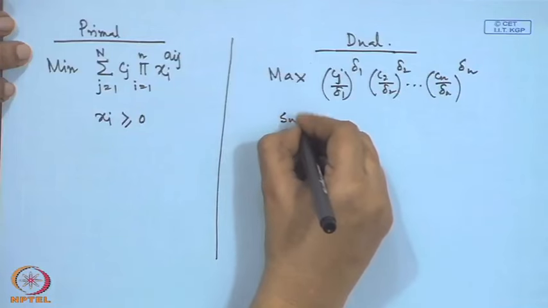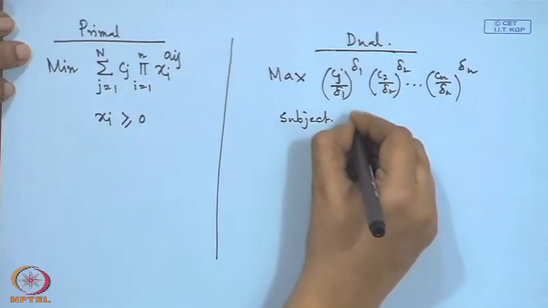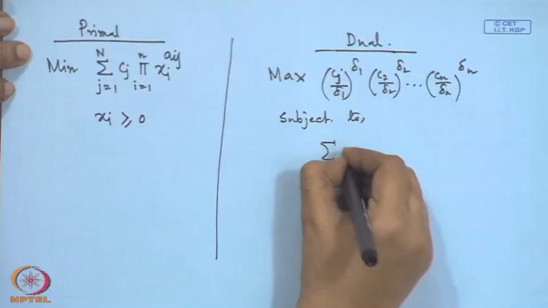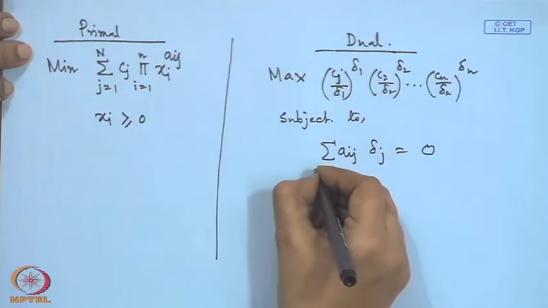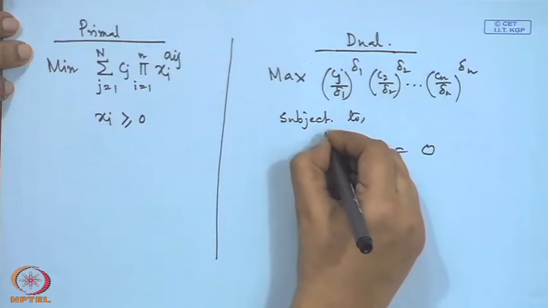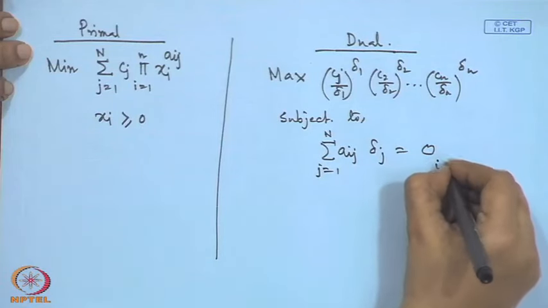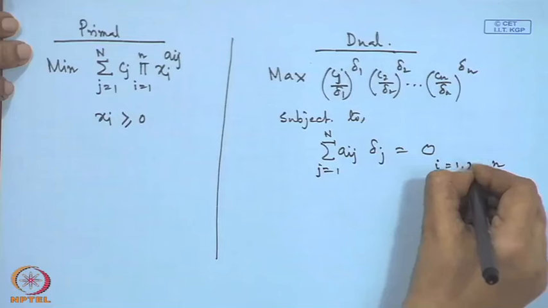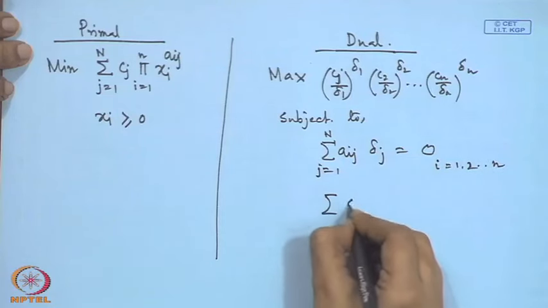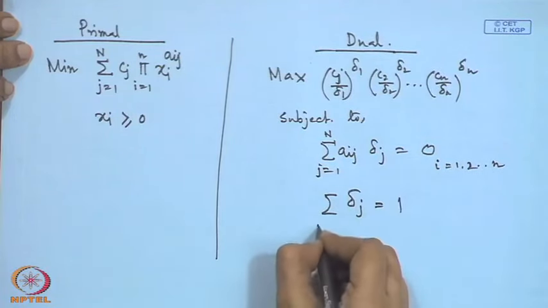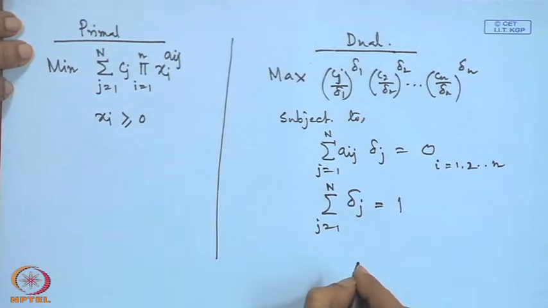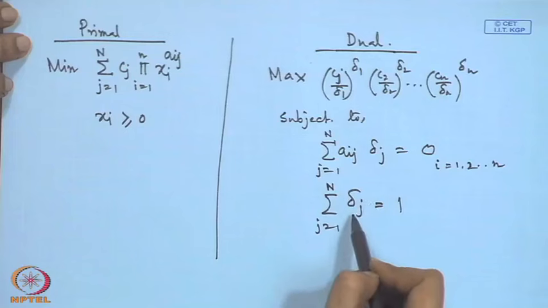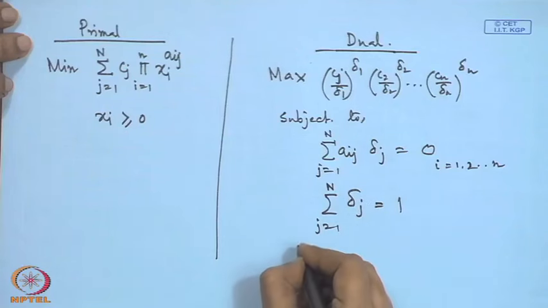And we have other conditions here, subject to summation; these are the orthogonality conditions for us, equal to 0, and we have small n number of equations, and we have the normality condition as well. What else do we have? The delta_j's are the decision variables for us, and these are all greater than 0.